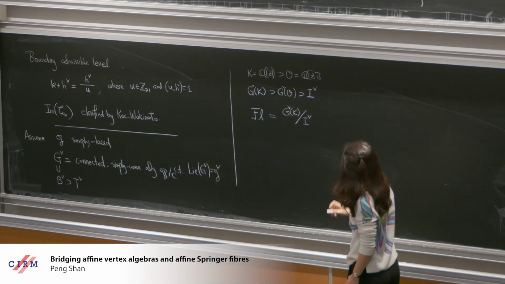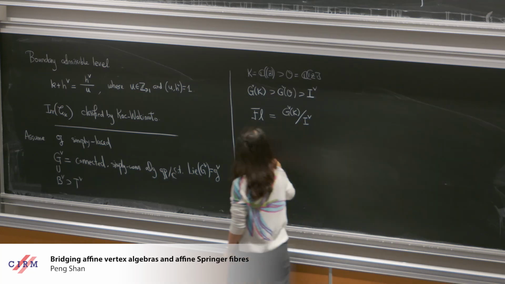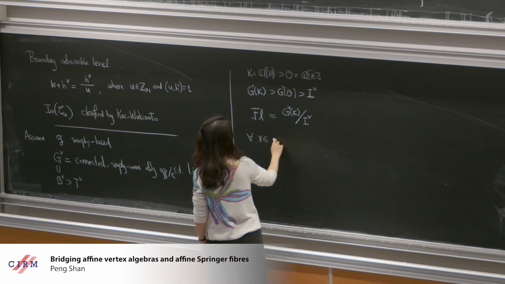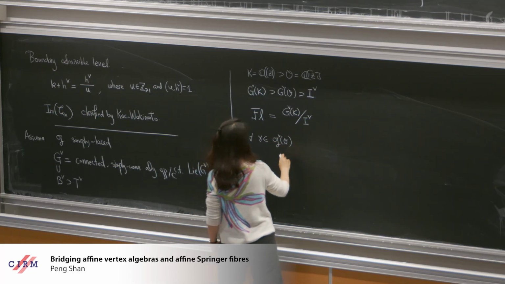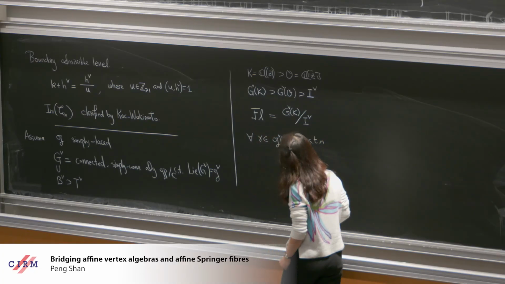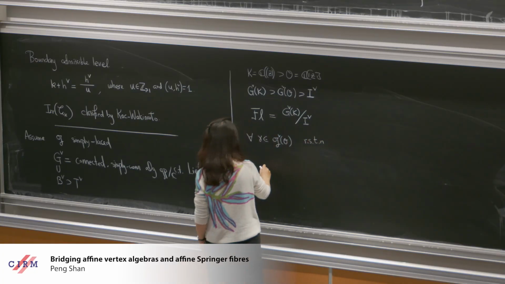Iwahori. And when you have an element gamma in the Lie algebra, well, usually for the fiber to have good properties we take this to be a regular semi-simple topologically nilpotent element, although for the definition it's not necessary.